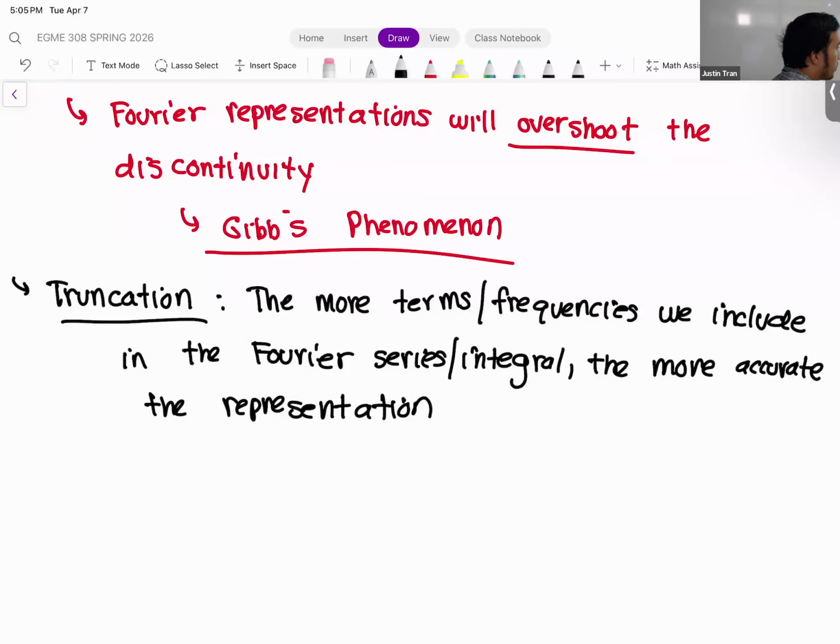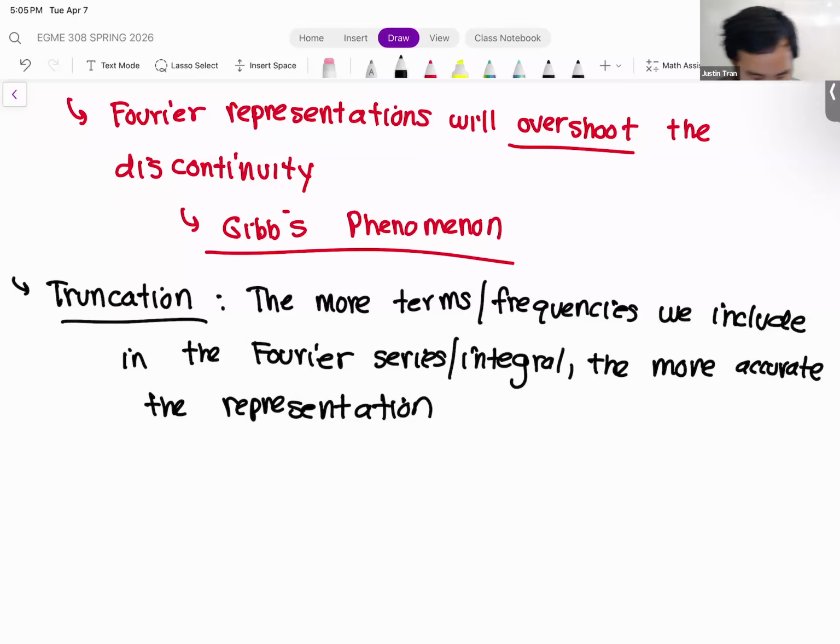Right. So typically, when we compute Fourier series, I only have you compute maybe the first 3 or 5 terms, but technically that summation is supposed to go on to infinity. But if you include 5 terms, that's going to be a better representation than 3 terms. If you include 10 terms, it's going to be even better than that. Wherever you cut it off, wherever you stop computing coefficients, we call that the truncation.